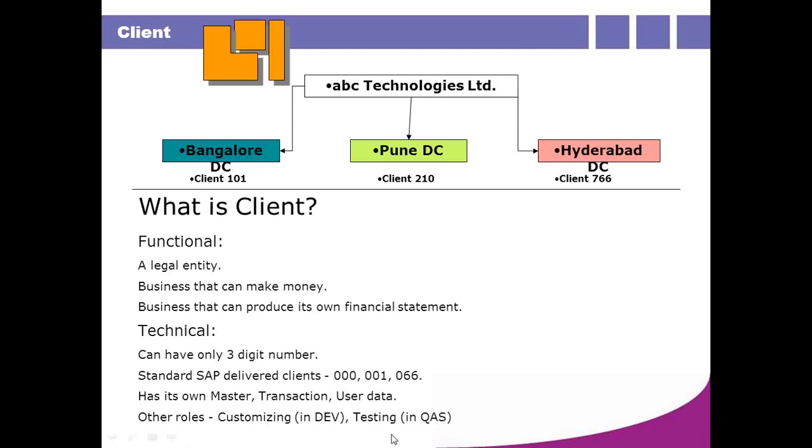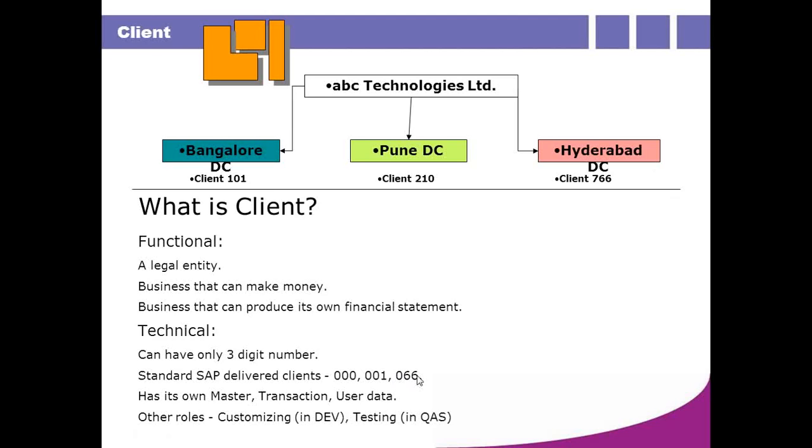And 066 is the early watch client. It is for SAP purpose only. We never use this. Whenever SAP wants to log in to a system, they will use this client. Yearly once or twice SAP will log in to your system and do a lot of things. They generate early watch reports and all.